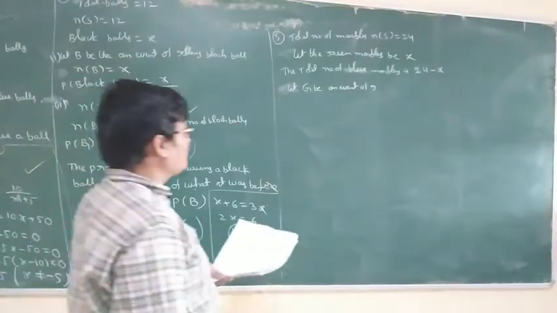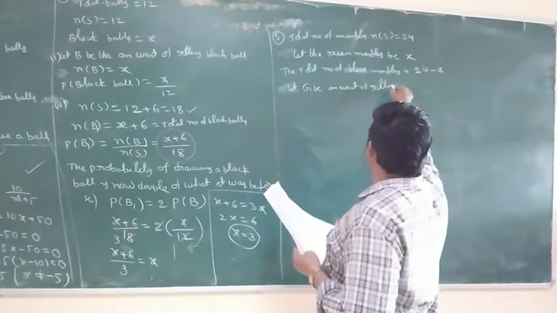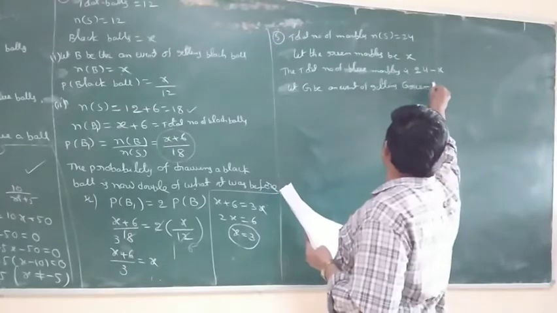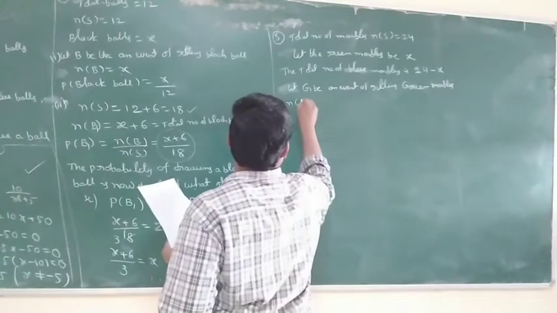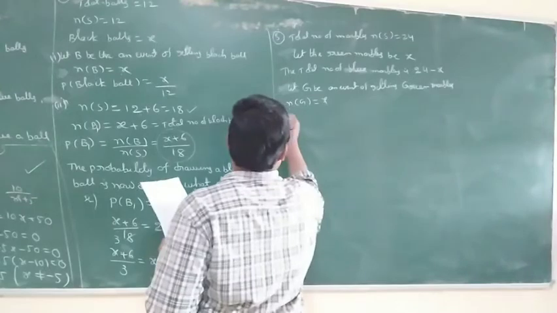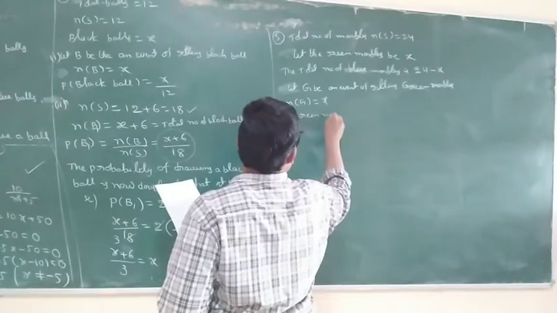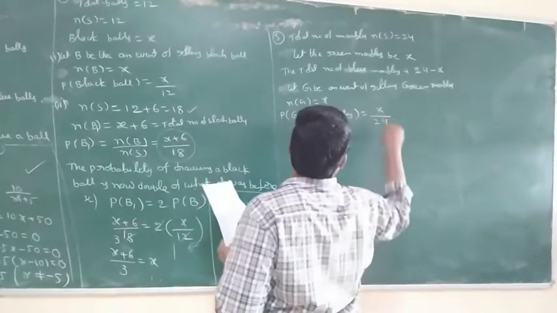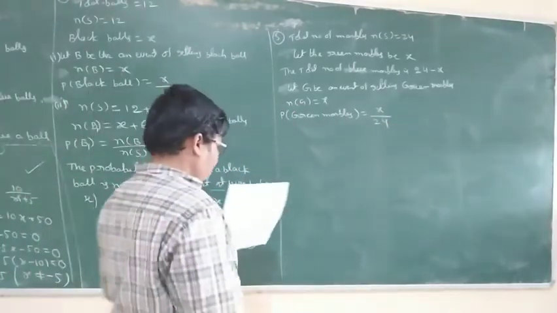Total minus green is equal to blue. Let G be the event of getting a green marble. So n of G is equal to x green marbles. So probability of green marbles is x by 24.